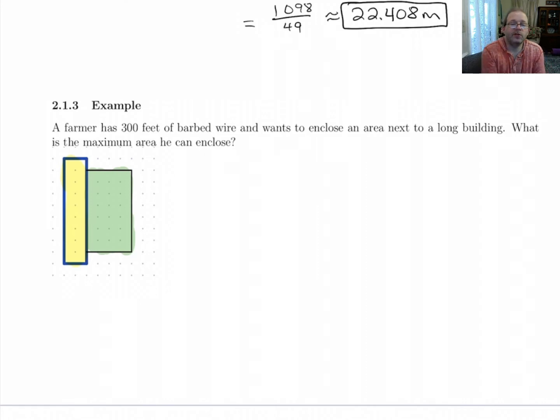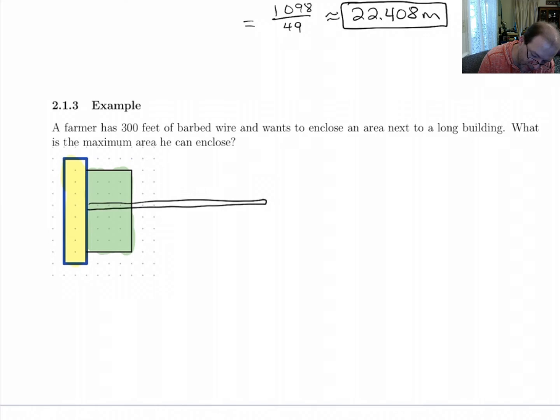Now, before we figure this out, let's model it a little bit, or look at a couple of possibilities. One bad thing he could do would be to run his fence out like this, where it's roughly 150 feet over here, and roughly 150 feet over here, and pretty much zero there. That would be a terrible way to do it because there's no area inside of that. It's basically two pieces of fence running right next to each other with no room in between. The other bad way to do it would be to go to the other extreme.